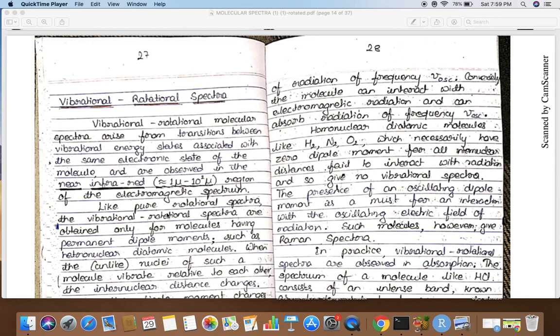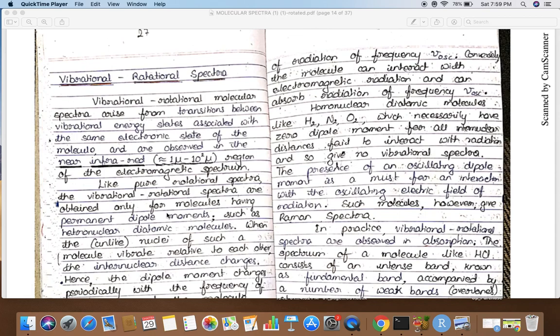In addition, if it interacts with electromagnetic radiation, it absorbs radiation having the same frequency, because that is a resonance frequency.